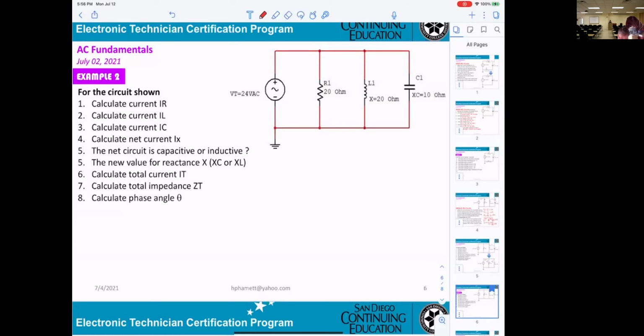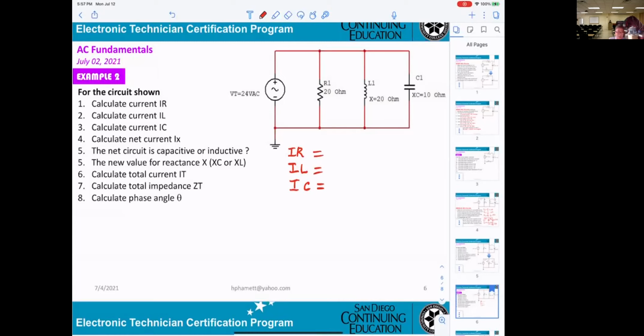Like I1, IR, IL, IC. Okay, this one is very easy.